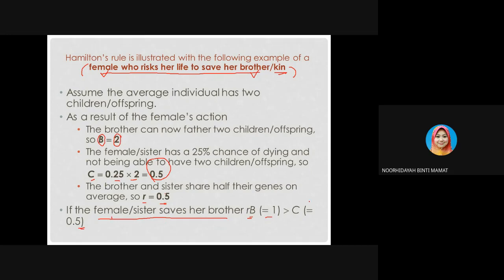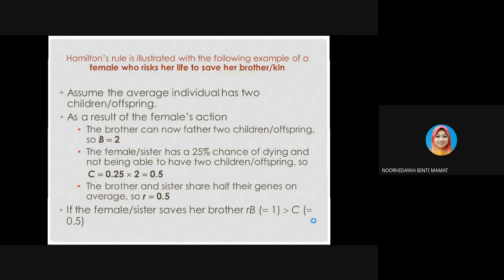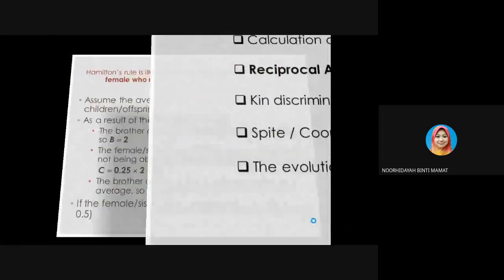So this is altruism. It acts altruistically: it helps the closely related, giving the benefit to the recipients but a disadvantage to itself. So we are done with the calculation of rBC.